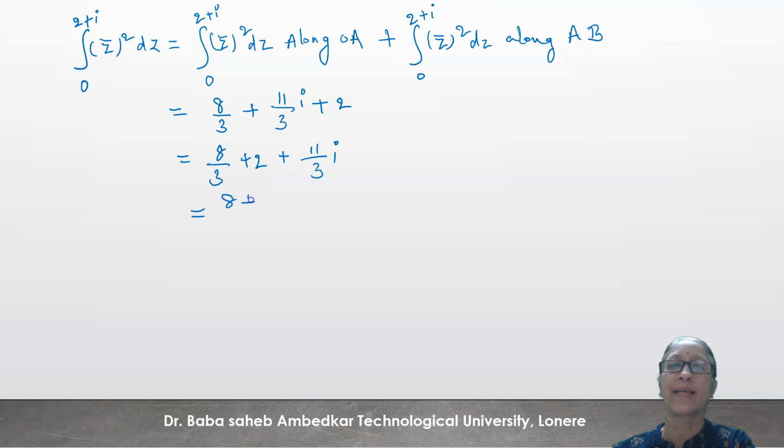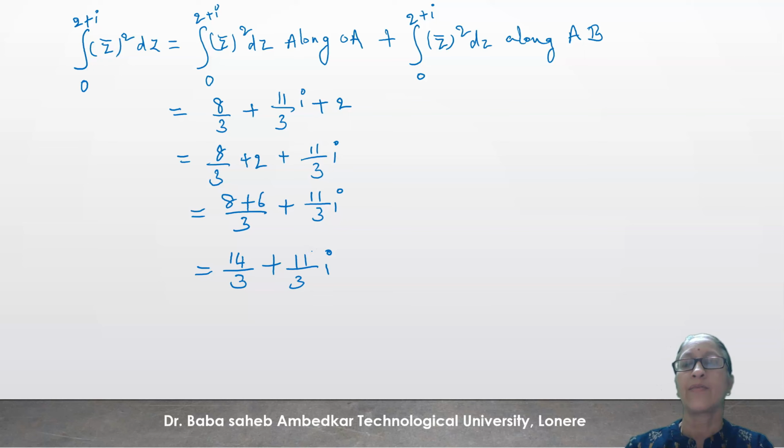That means 8 plus 6 by 3 plus 11 by 3 i. That is 14 by 3 plus 11 by 3 i. This is the value of the integral 0 to 2 plus i conjugate of z whole square dz. Let us see one more example.